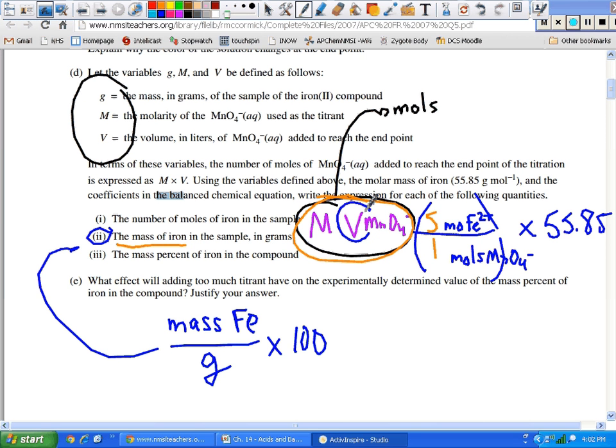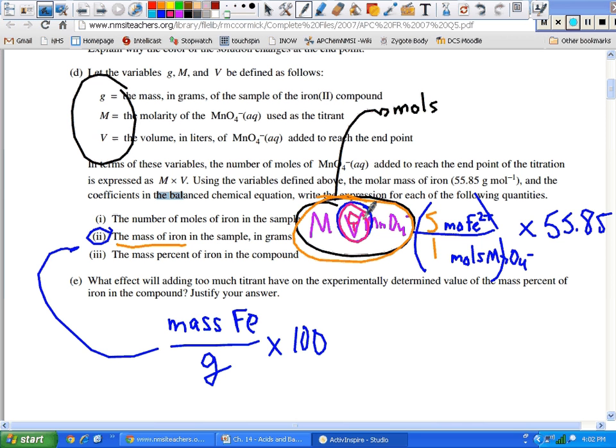It goes up. So the volume is too large. That means the mass should be too high. Because what are you doing across the top? You're multiplying. So if the volume goes up, what do all these numbers do? They all go up. So the mass will be too big.